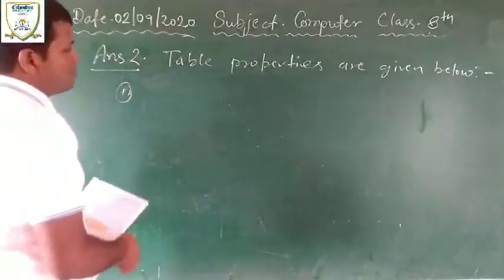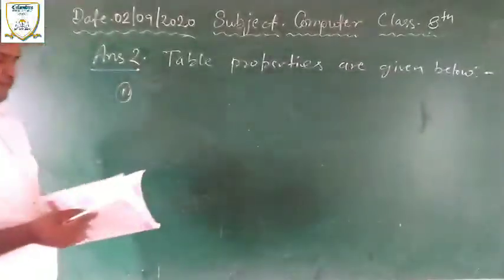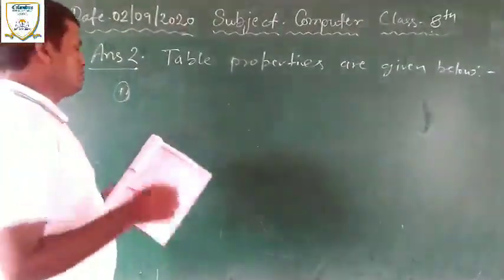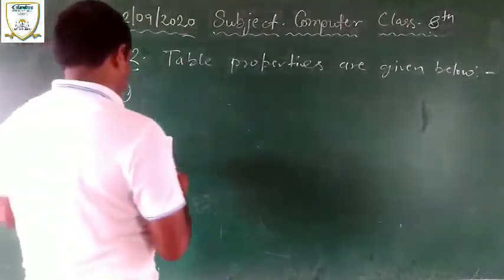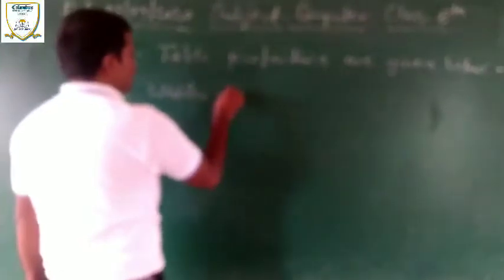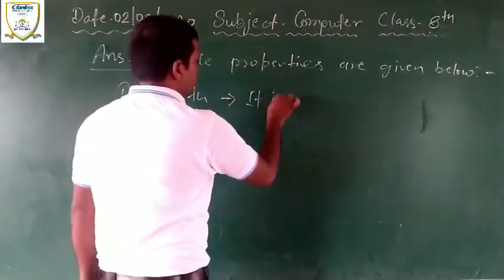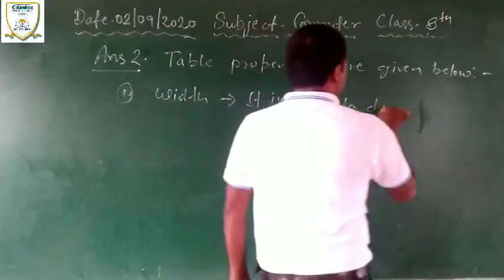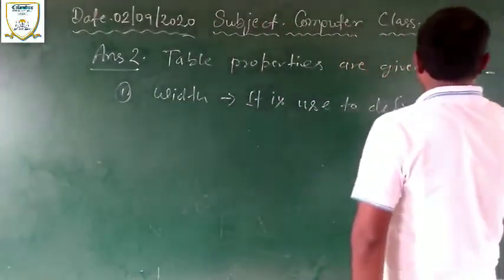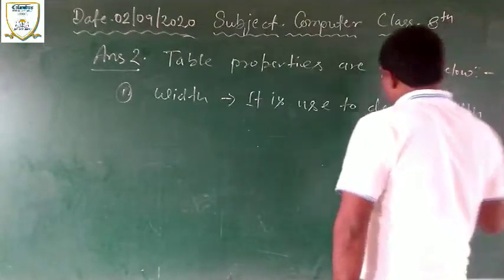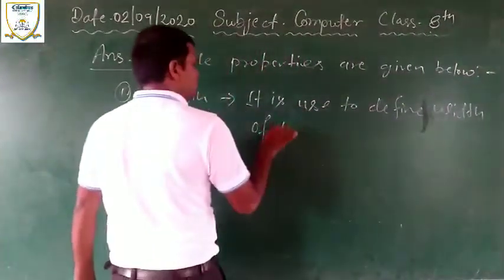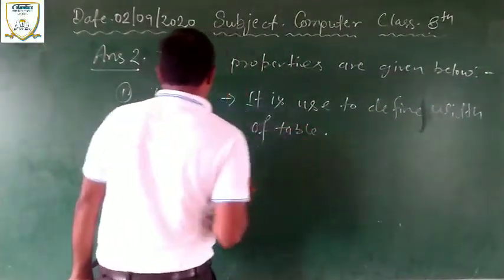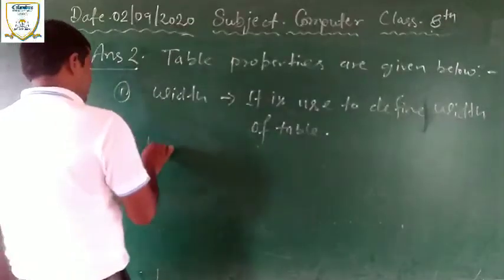First property of table is width. It is used to define width of table.